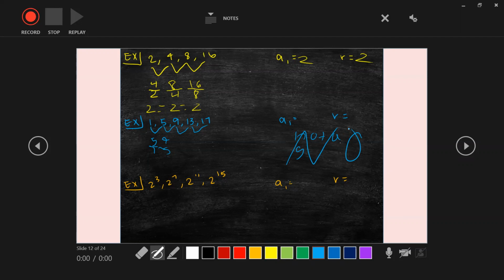All right, let's do the next one in orange. So you have 2 to the 3rd power, 2 to the 7th, 2 to the 11th, and 2 to the 15th power. We're going to find consecutive terms. Jesse, name 2 consecutive terms. 2 to the 3rd, 2 to the 7th. Those are right next to each other. And I'm going to say 2 to the 7th over 2 to the 3rd. 2 to the 11th over 2 to the 7th.